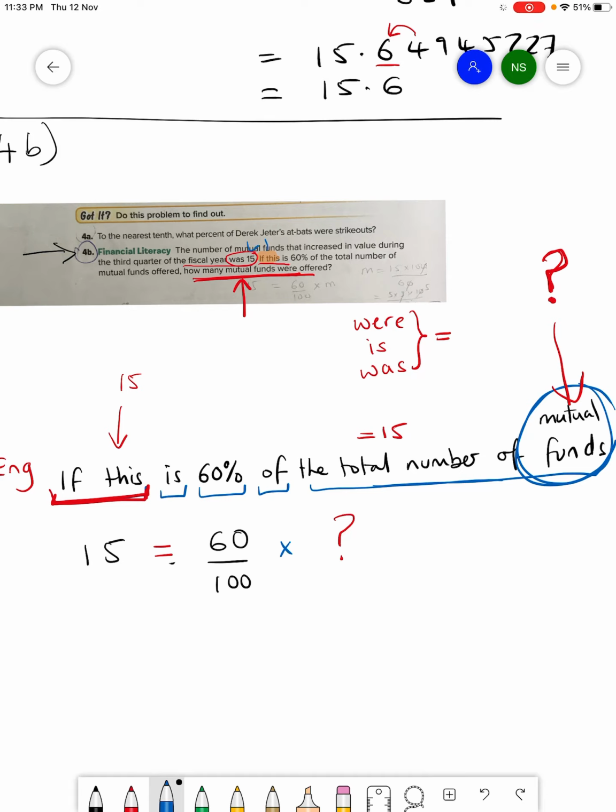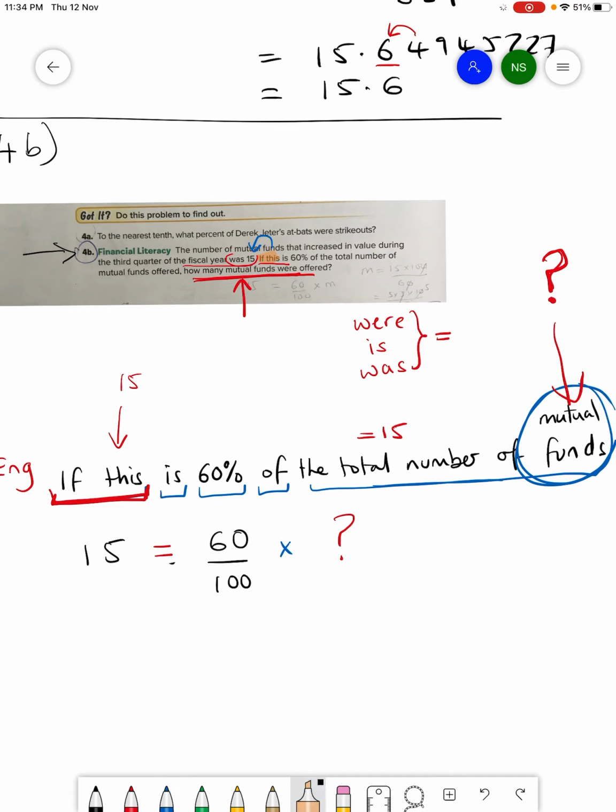If you say, this is a book, you're talking about something close to you. That can either mean that it's next to you, it's not far away. Then you would say, that is a book. So when they say, if this, they're talking about something that they just mentioned. They just talked about the fiscal years was 15.